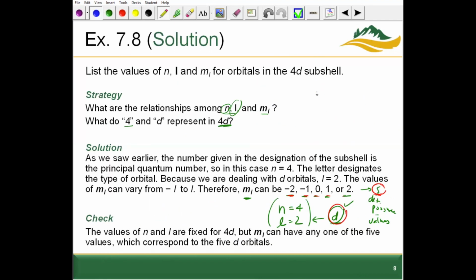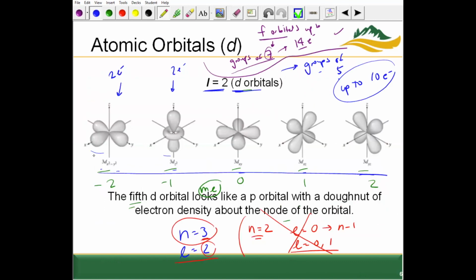We weren't asked about this, but what about the m sub s values? Remember, 2 electrons from the same atom cannot have all 4 same quantum numbers. Why does m sub s have to be different? Well, if we go back to the d-shaped orbitals, this can hold up to 2 electrons, this one, this one, this one, and this one. Within the 2 electrons this one can hold, one has to be spin up. The other electron in this specific orbital would have to be spin down.